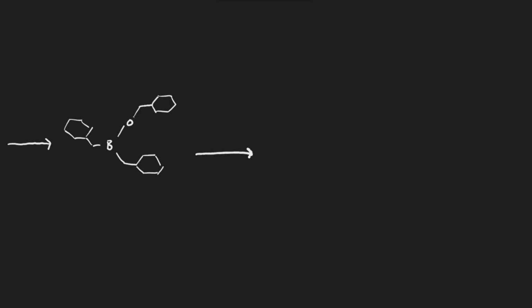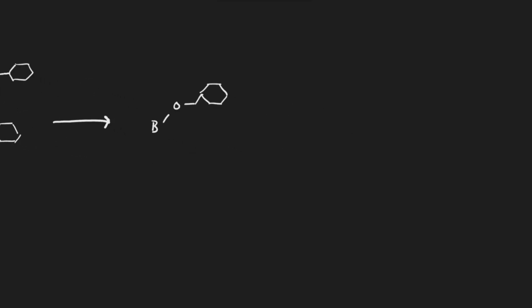And we'll just give a little simplified version down here before the hydrolysis, where we have just a simplified version of our borate ester here. We'll name this our borate ester.